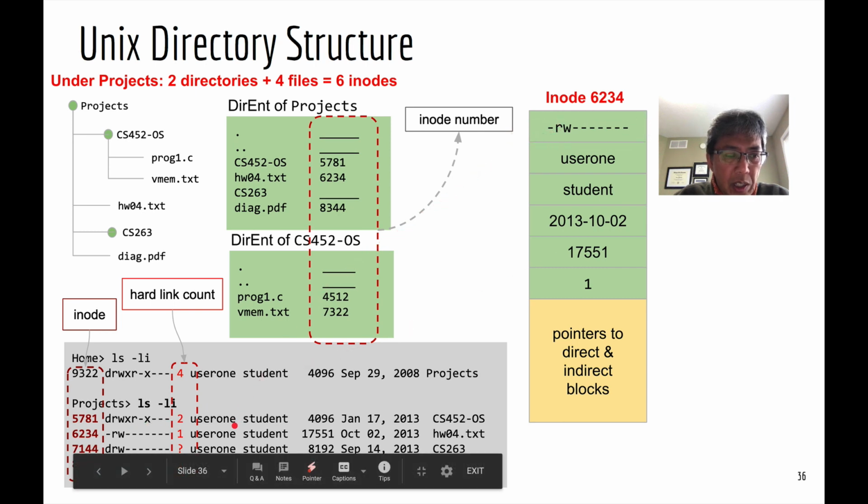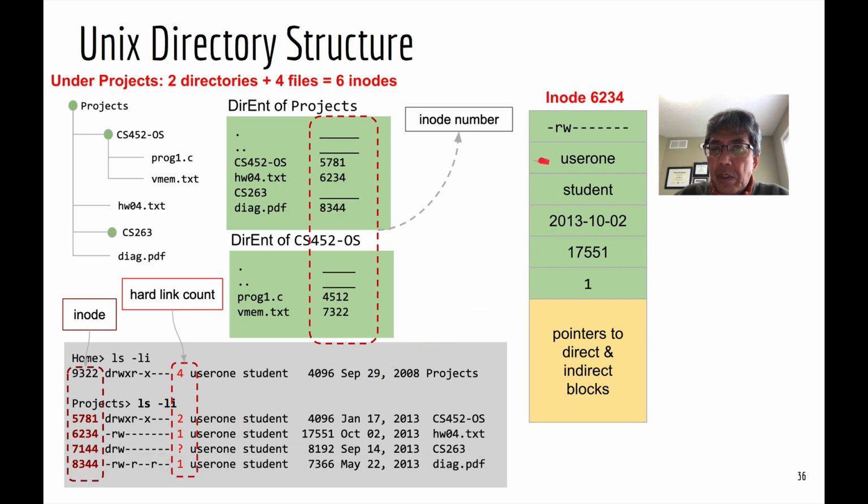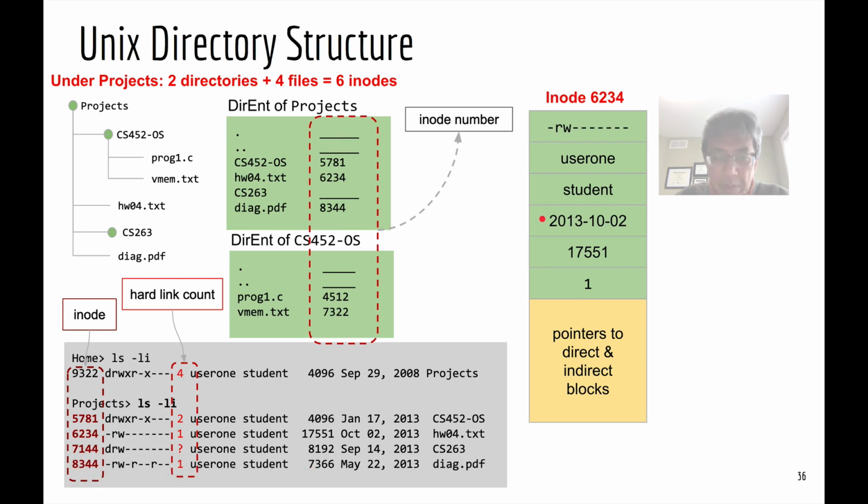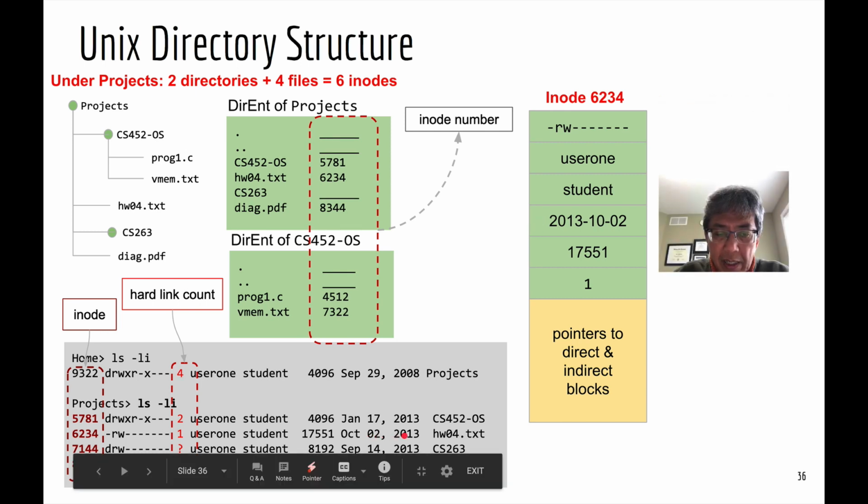The user owner is user1. The name of user1 is in the metadata. And the group owner is student. And the date, we just show you one of the timestamps. This is October 2nd, 2013. And the file size, 7,000 something. And the link count is 1.